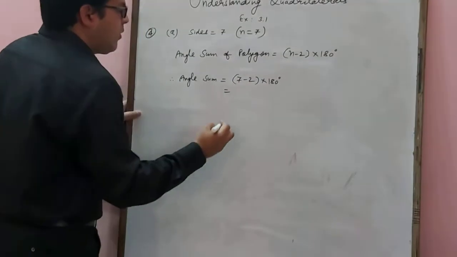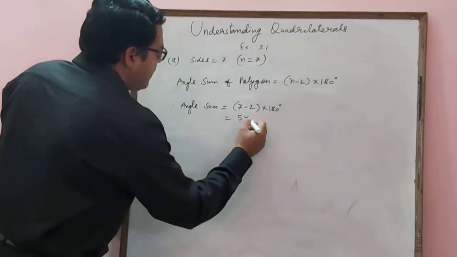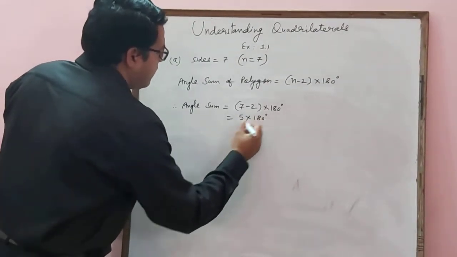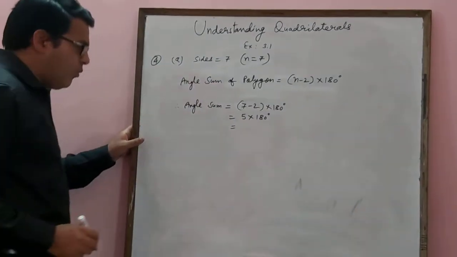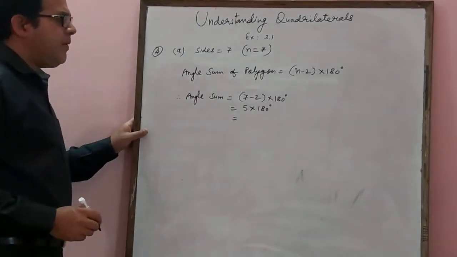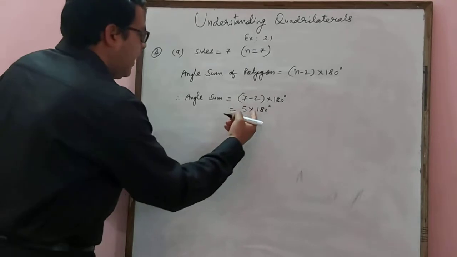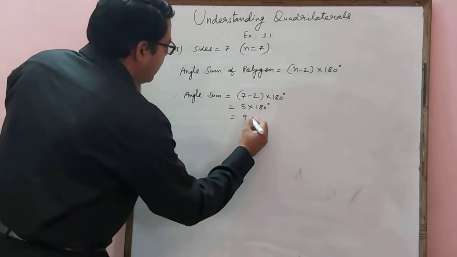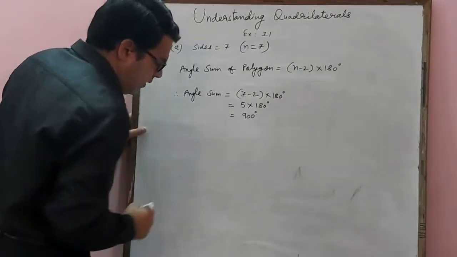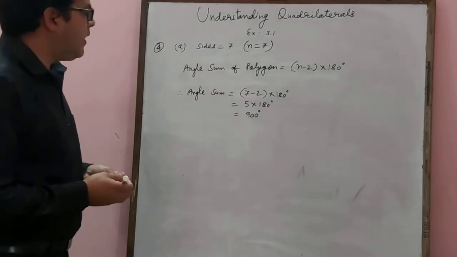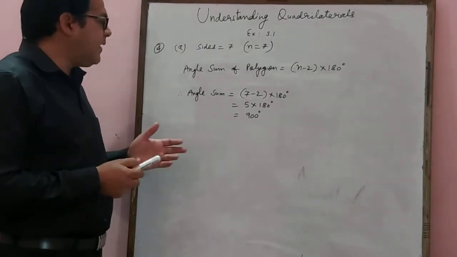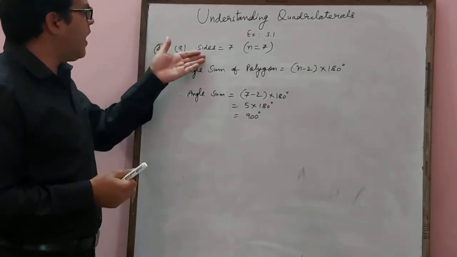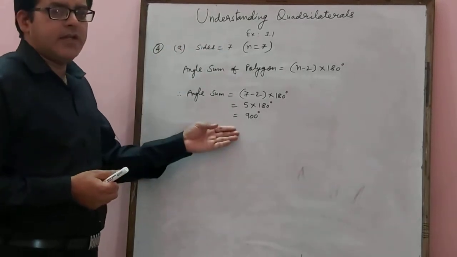So 7 minus 2 is 5, into 180. When you multiply 5 into 180, we know that 18 fives are 90, that's why we have 900. So the angle sum for the polygon which has 7 sides is 900.